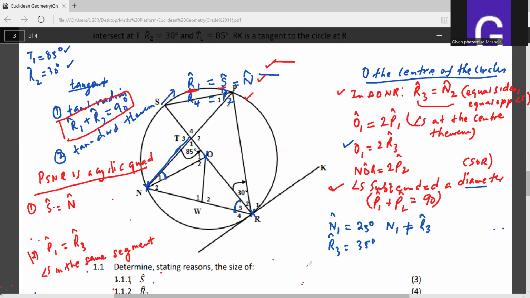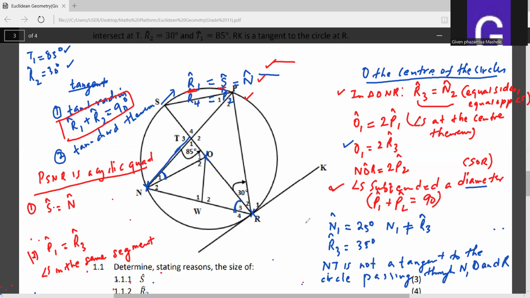So it means NT is not a tangent to the circle passing through N, O, and R.